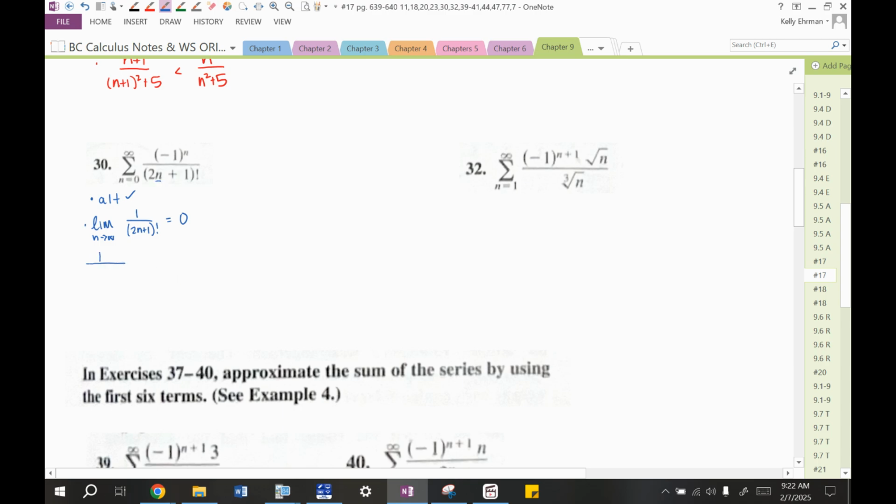So when you plug n plus 1 into this, you would be getting 2n plus 2 plus 1. So 2n plus 3 factorial is less than 2n plus 1 factorial. So all three things are true. So this converges by alternating series test.